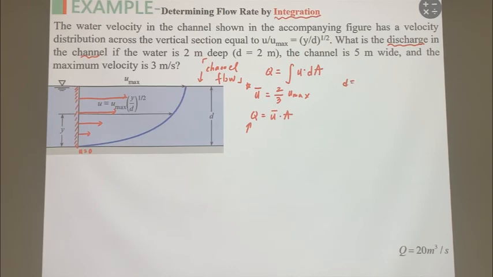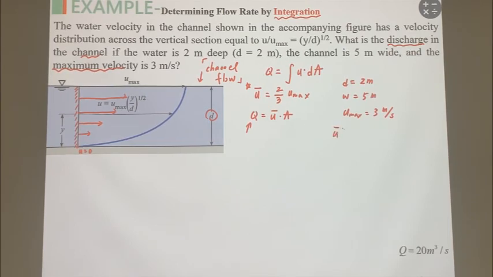The water depth is equal to 2 meters, the channel width is 5 meters, and the maximum flow velocity U max is 3 meters per second.